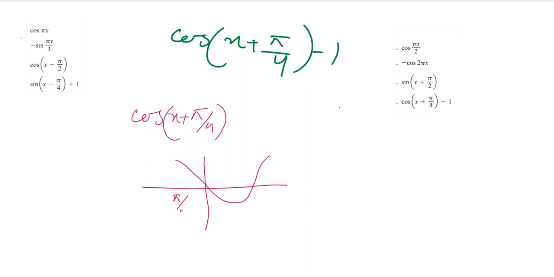Pi by 4, and then we need to add pi by 2 to check the next point. That will be 3 pi by 2.